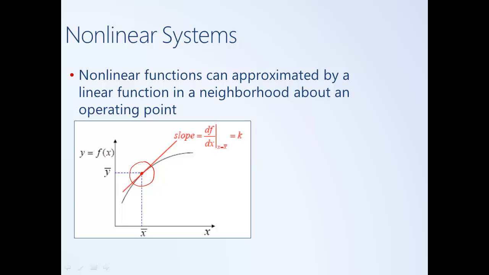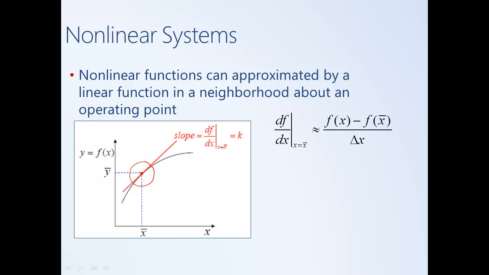If you zoomed way in, you would not be able to distinguish between the two. The straight line would be a good approximation of the nonlinear function. In calculus, you may have learned how to find the equation for that linear function that approximates the nonlinear function at that point.